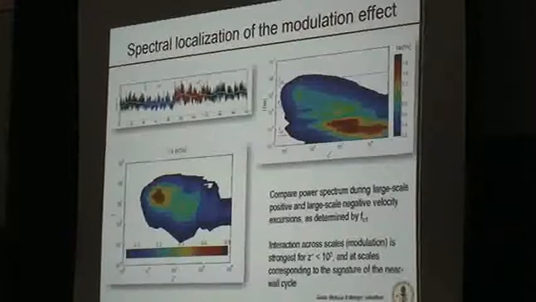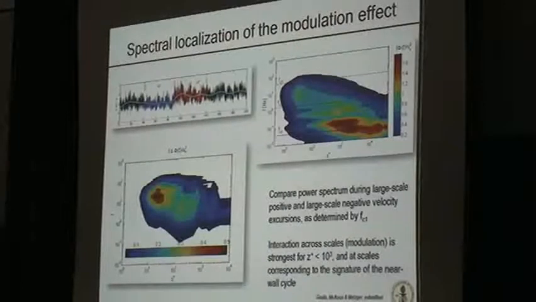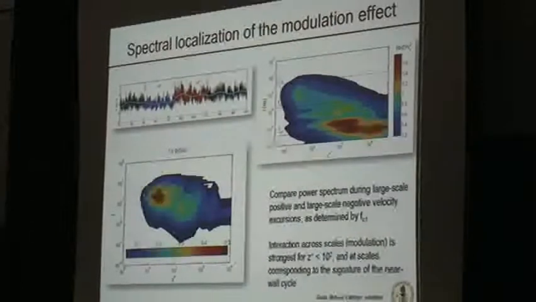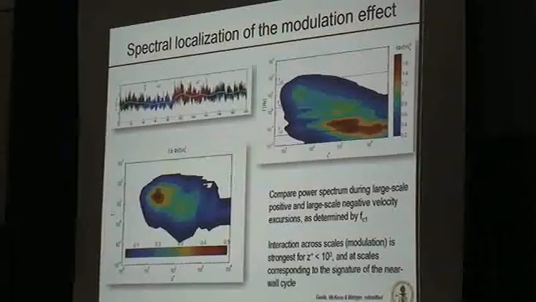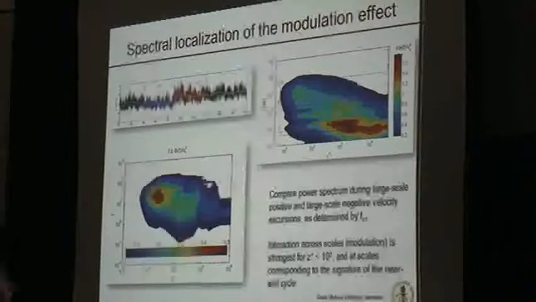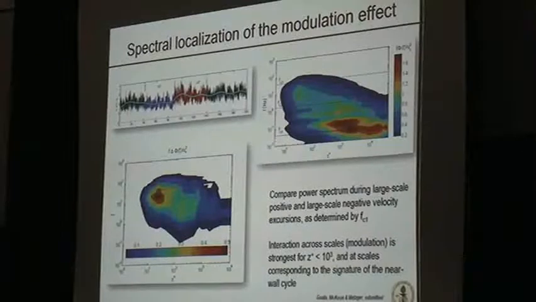And if you look at the difference in spectrum between positive excursions and negative excursions, you can see that the thing that's most strongly influenced is the near wall peak. And so the small scale activity close to the wall, and this corresponds to a lambda x plus of about 10 to the 3, that's most highly modulated by this very large scale motion. But it's a broadband effect over a range of scales.